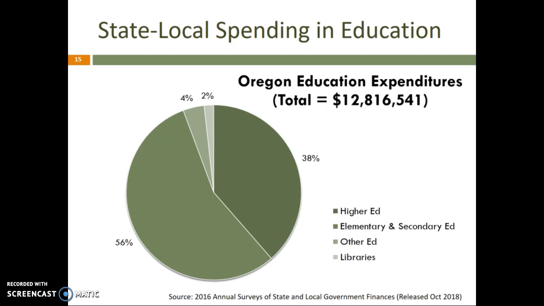The bulk of all of this education expenditure is going to be your elementary and secondary education. And there are a lot of interesting discussions about how education expenditures and revenues are generated, and it's a piece that's very highly tied to property taxes in most states.